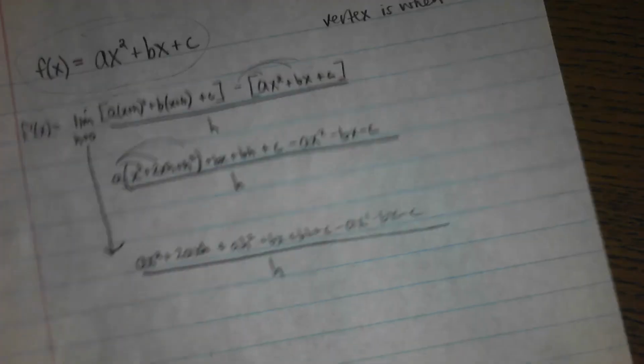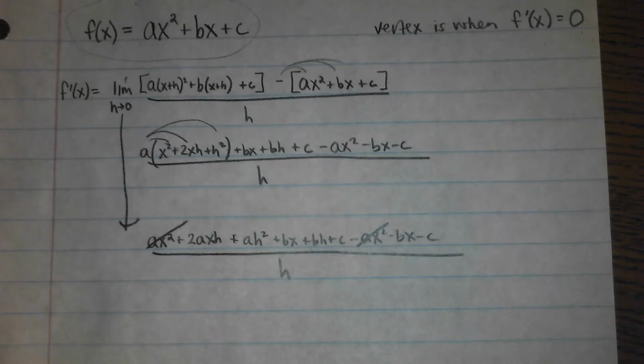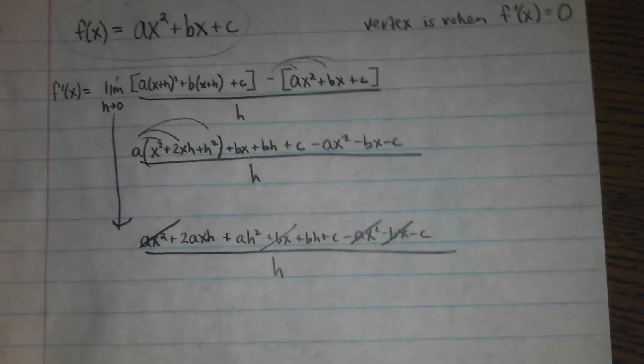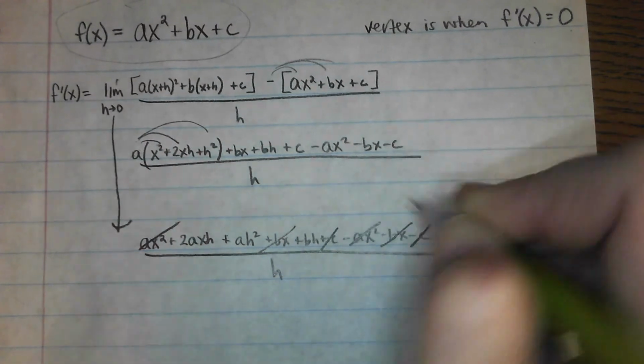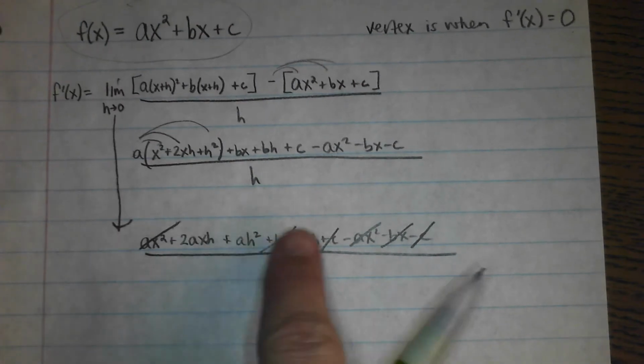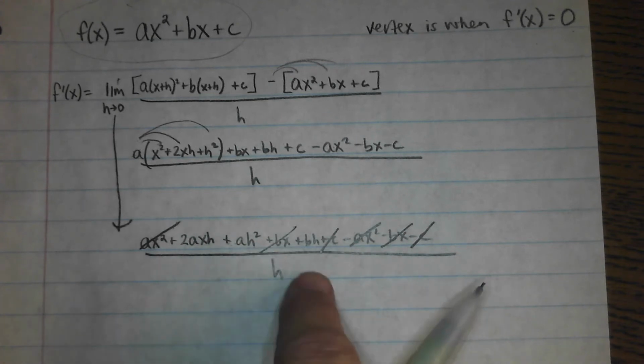Now what cancels? Ax squared with a minus ax squared? Positive bx with a negative bx? And a positive c with a negative c. So I am again left with 3 terms up top, all of which have an h, so I can divide each by h.